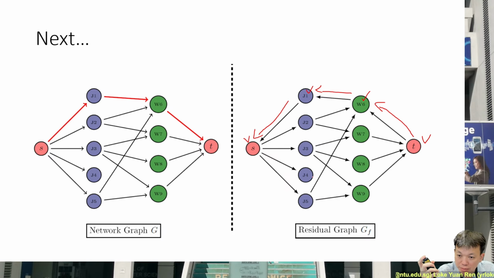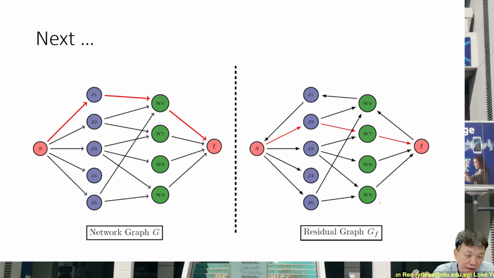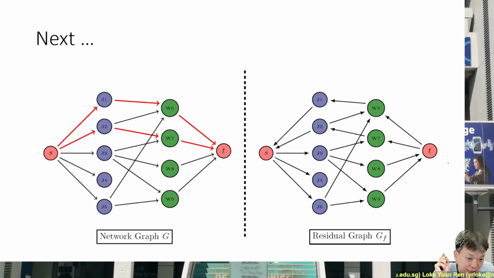J4 is a problem here, there's no match. Then J5 can go to W6 and W9. Then I carry on. I find the next path from the residue graph. I find this is the new path. Then I update it again.